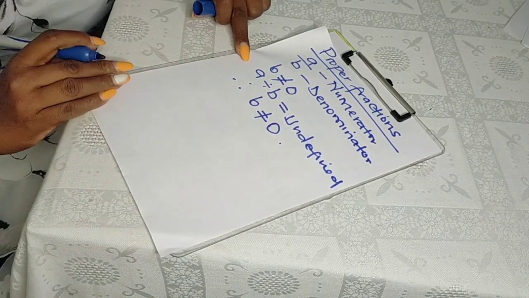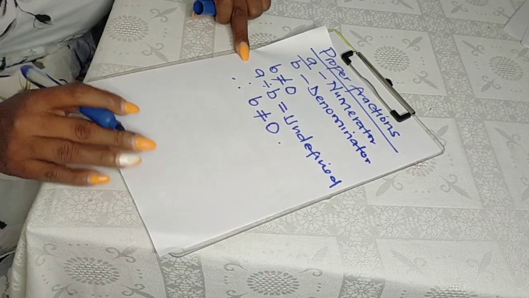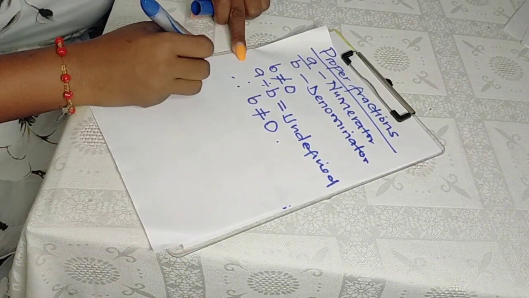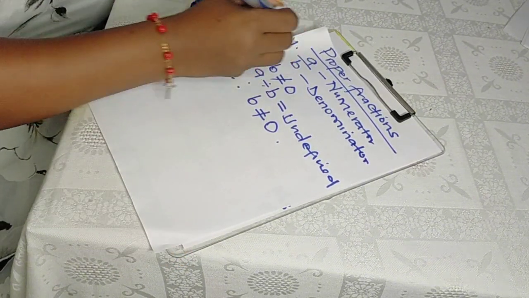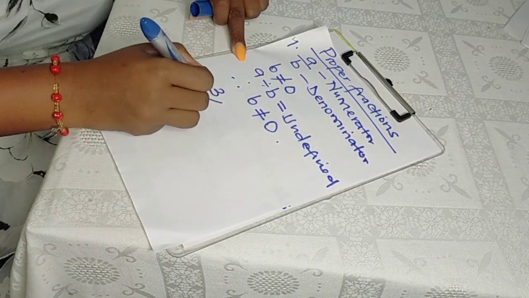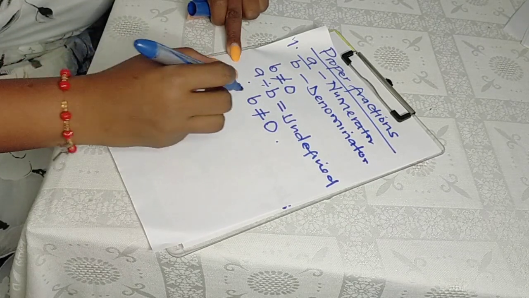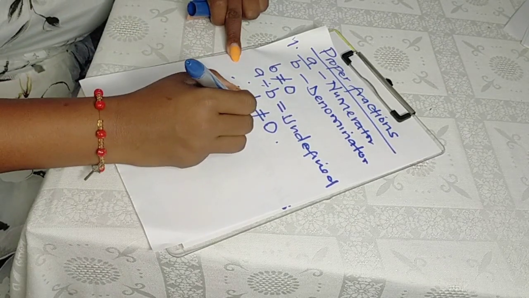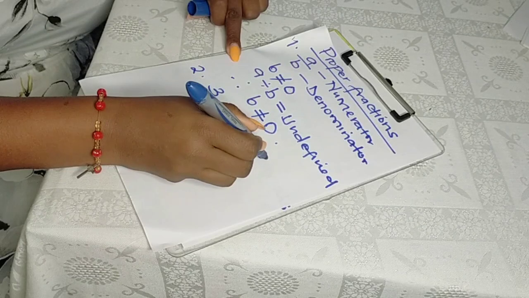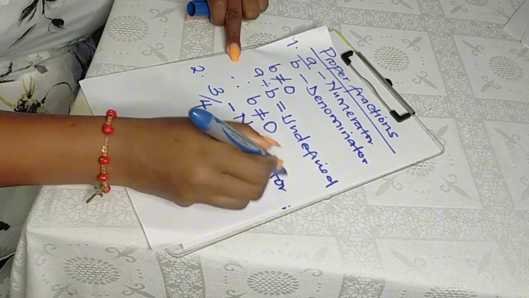Now from there, let's move on to the proper fractions. If you have a fraction in the form of 3 over 4, for example, we know 3 represents the numerator, while 4 represents the denominator.